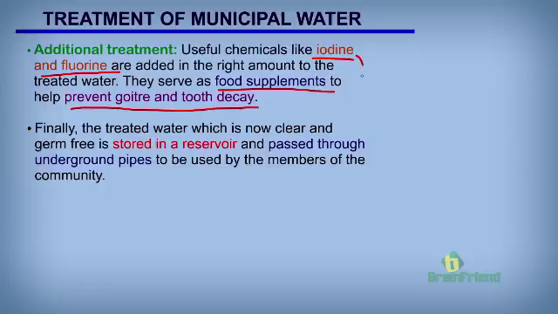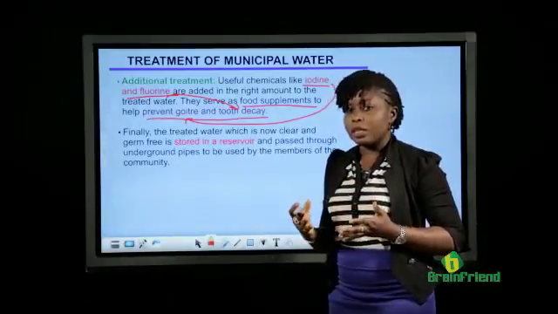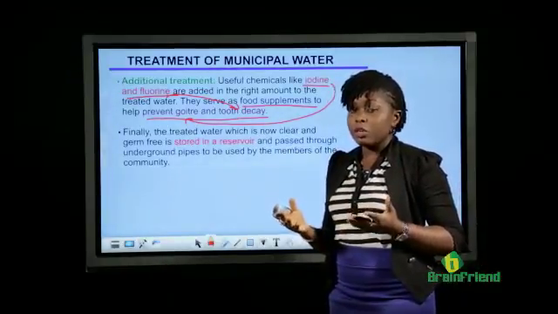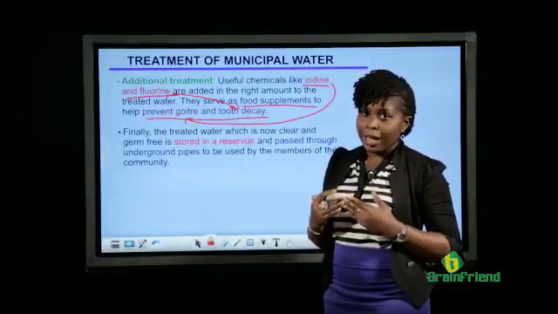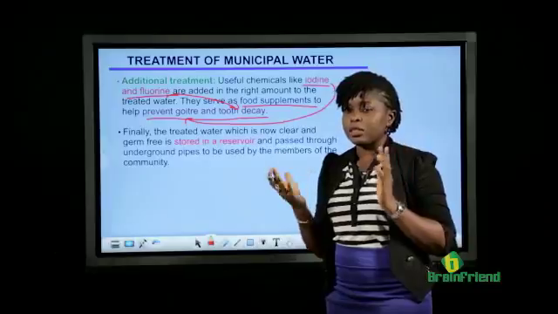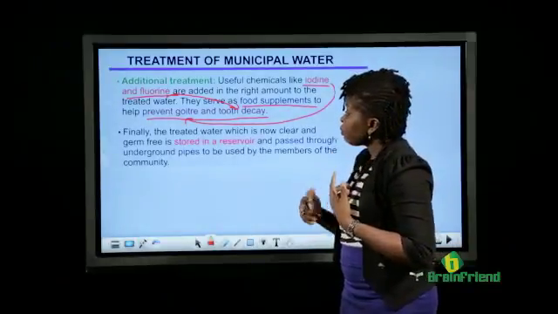Okay? Iodine helps to prevent goiter, and fluorine helps to prevent tooth decay. So you see why healthy water that is suitable for human consumption does not come as 100% pure water. Some of these dissolved minerals are actually healthy for our body.